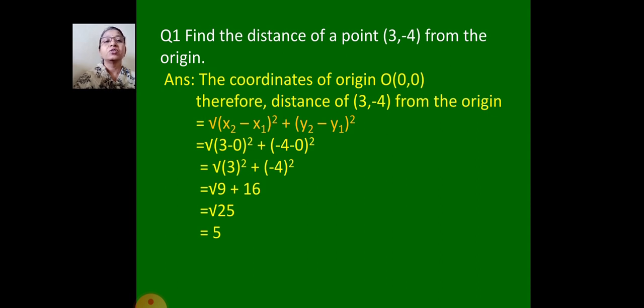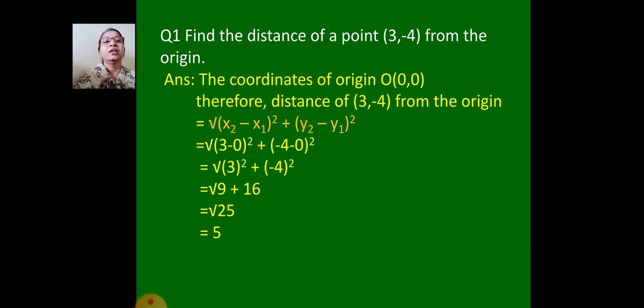Next step, 3 square is 9 and minus 4 square is 16. So 9 plus 16, that is equal to square root of 25 and square root of 25 is 5.